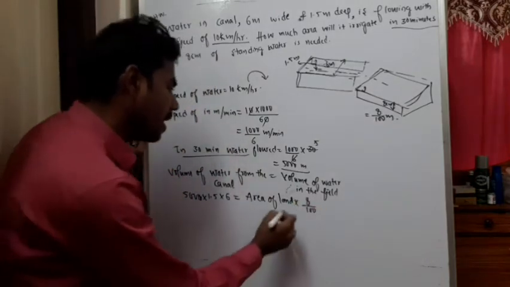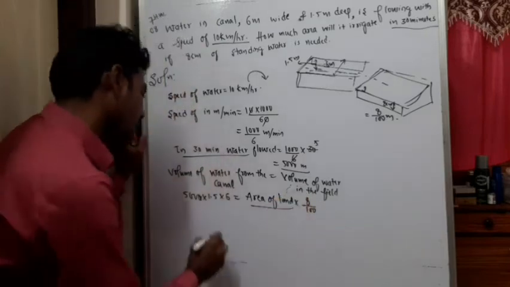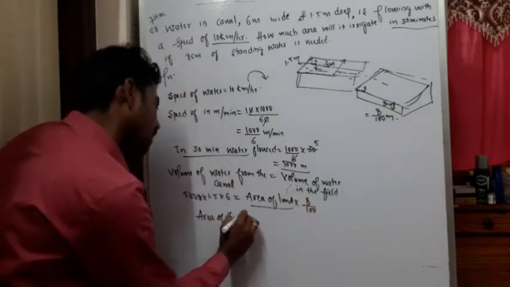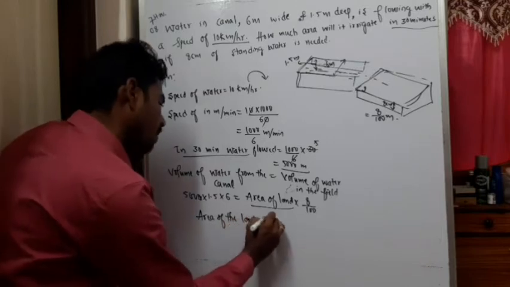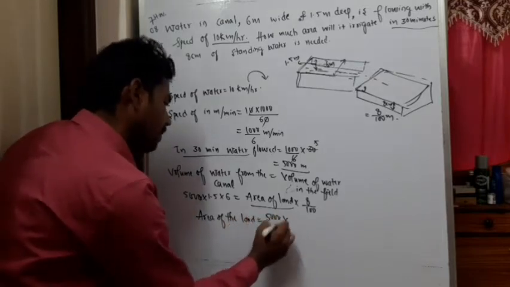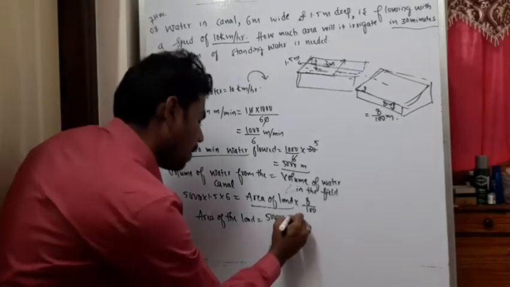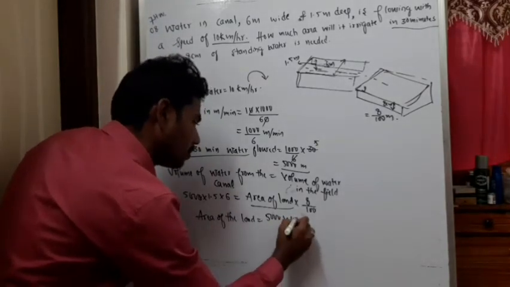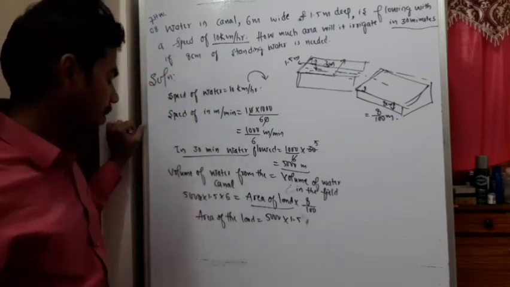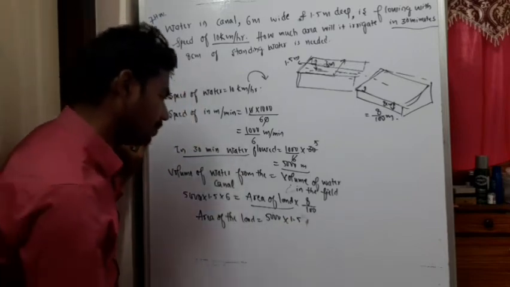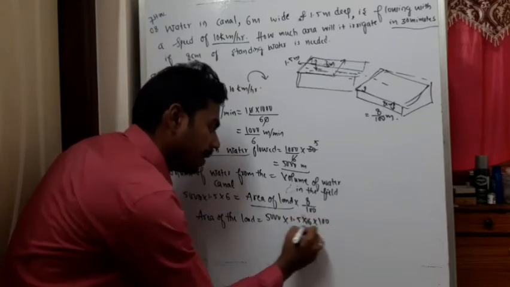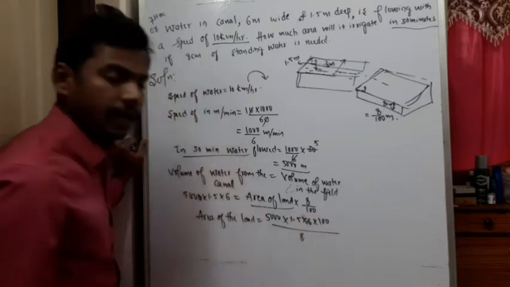So I want the area of the land irrigated. So area of the land is equal to 5000 into 1.5 into 6 into 100 divided by 8. Fine.